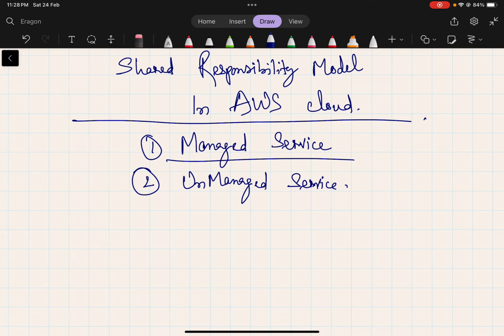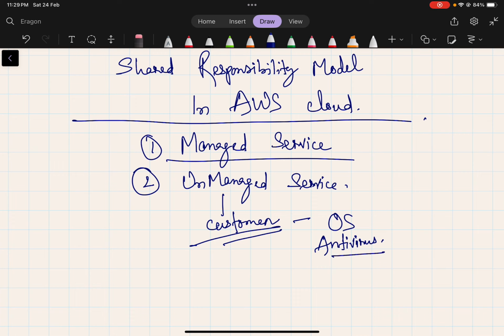Those things are completely maintained by AWS. While in an unmanaged service, it is the complete responsibility of the user, that is the customer of this AWS service, to manage everything, like updating their OS, updating their antivirus, and seeing for how much time they keep their instances running, what the cost is, and all. Everything has to be managed by the customer only.